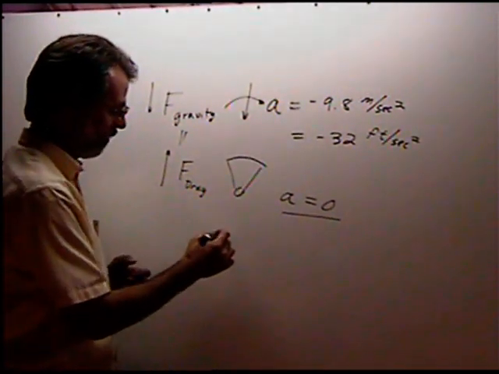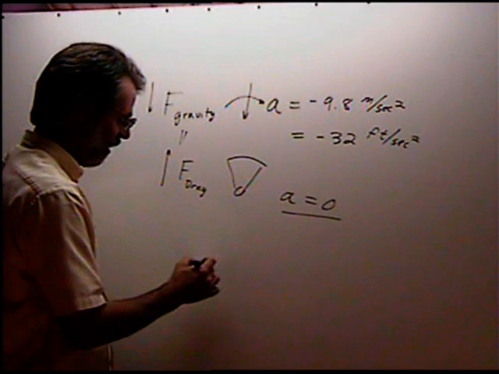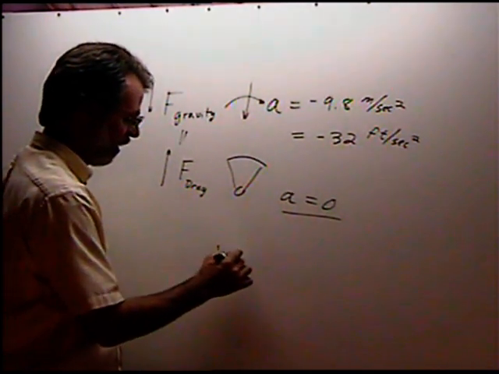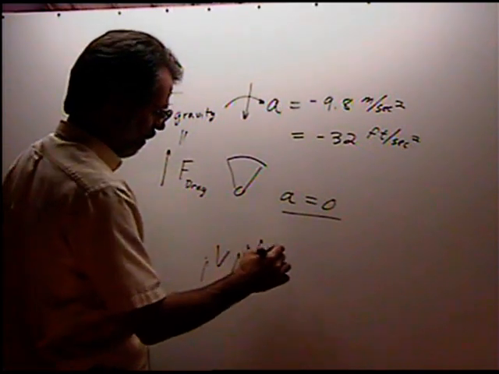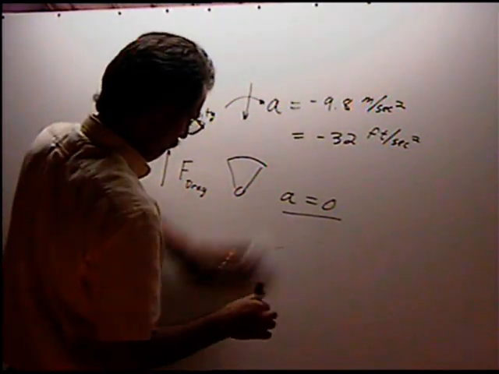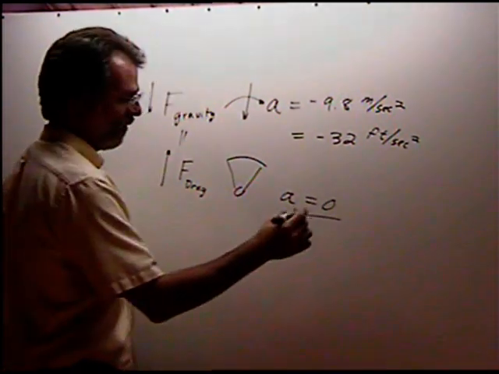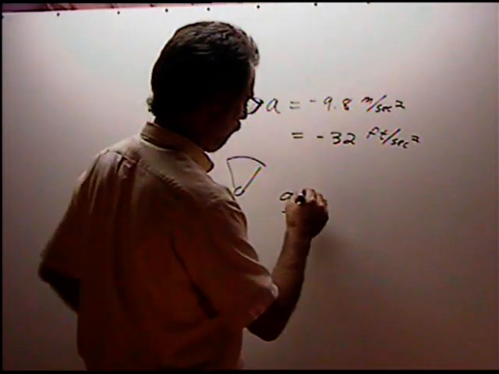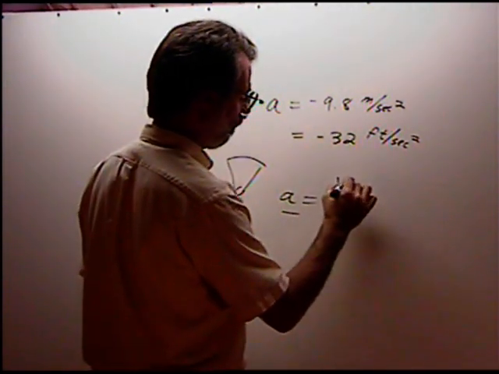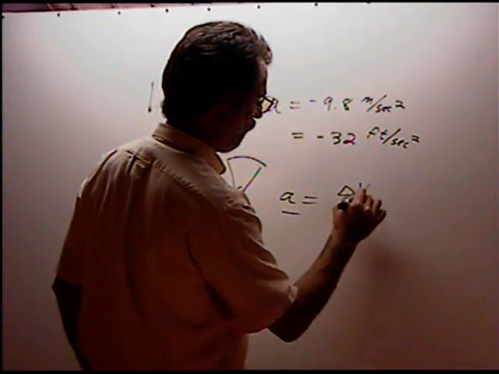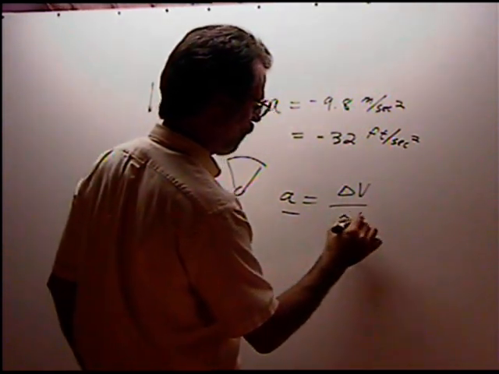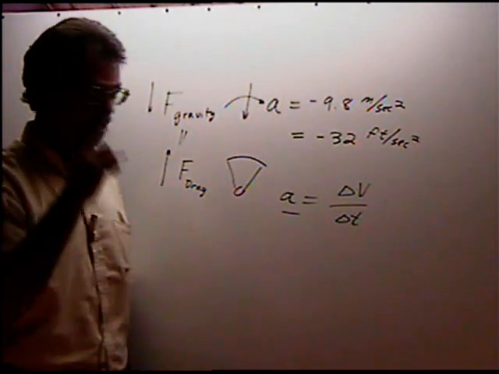Essentially what this means is our velocity goes up and up and up, only to a point when our acceleration, think of it this way, goes to 0. The acceleration is a change in velocity with the change in time. Okay?